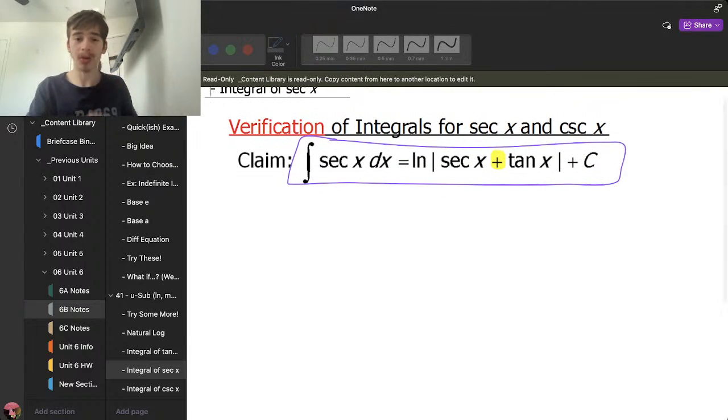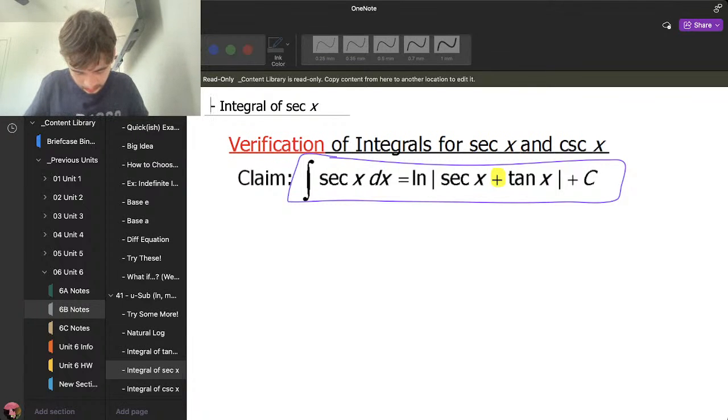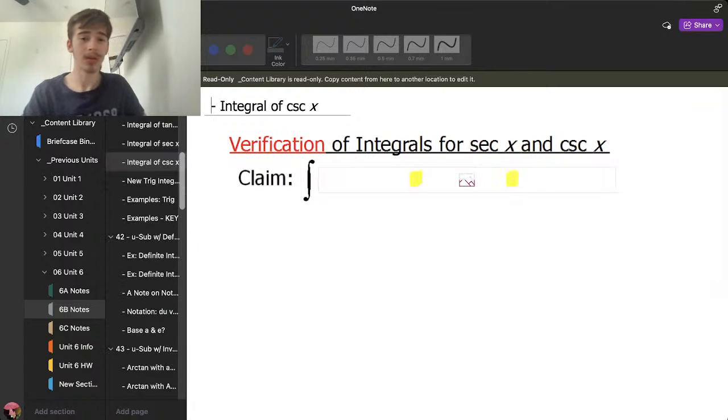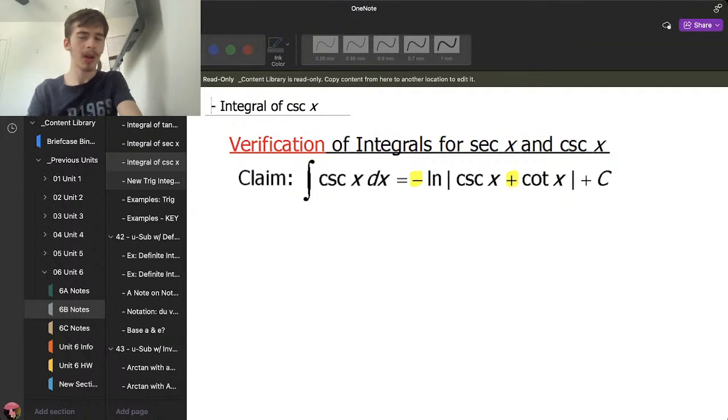Oh yeah, integral of secant of x is natural log of absolute value of secant of x plus tangent of x. Cosecant x integral is negative natural log of the absolute value of cosecant of x plus cotangent of x.